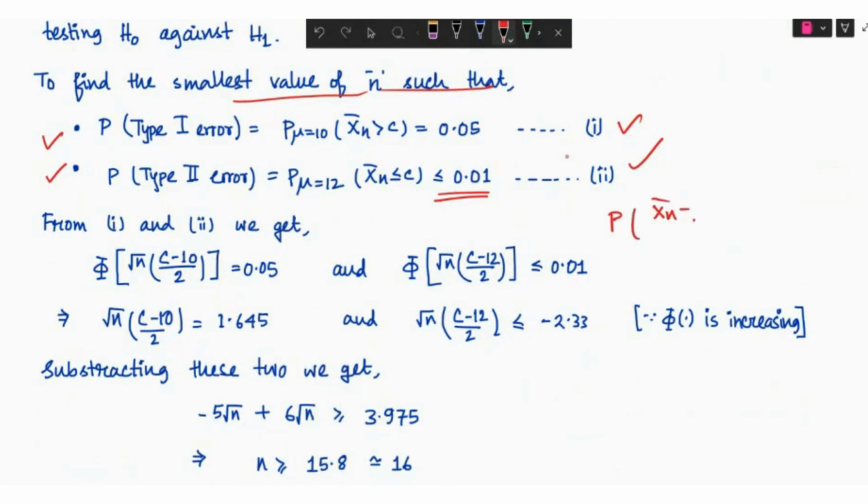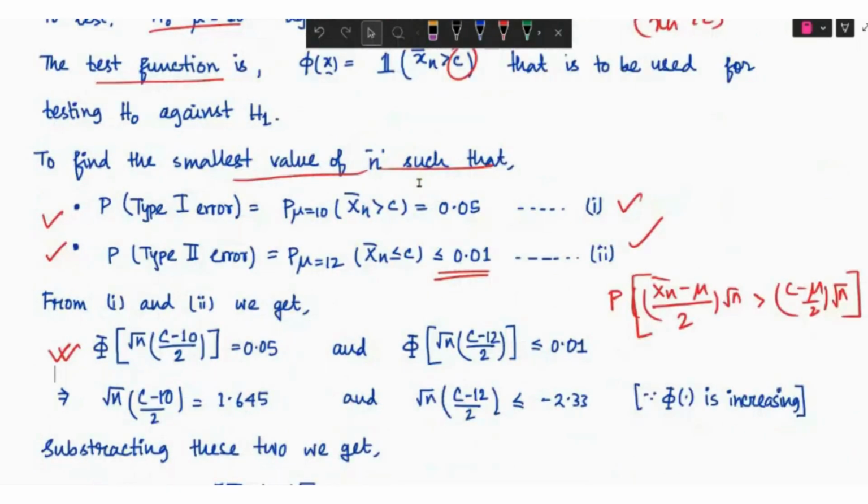We can standardize Xn bar by subtracting mu and dividing by sigma over root n, so this is greater than (c minus mu) by 2 into root n. Here mu equal to 10, so you get this from the probability of type 1 error.